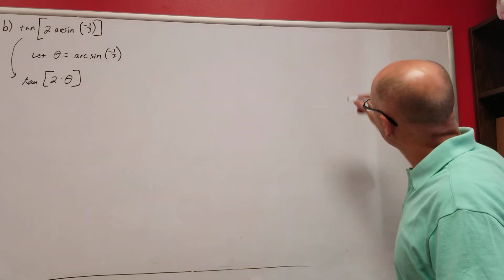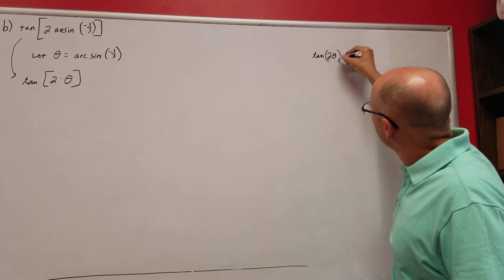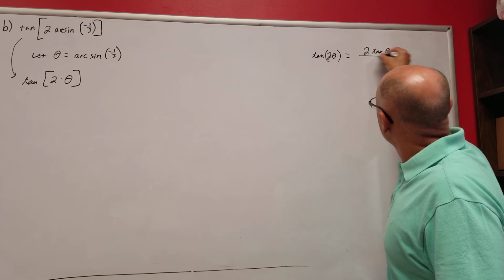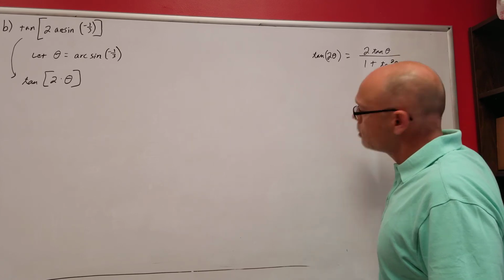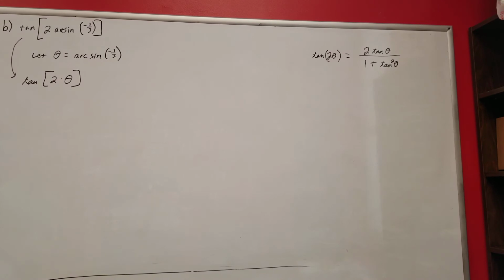All right, what was my double angle identity for tangent? We had tangent of 2 theta. What was that equal to? 2 times tangent of theta over 1 plus tangent of theta squared. Go back, look at your notes there. You should have that one. Make sure you got that one down. All right, so how in the world are we going to use it?